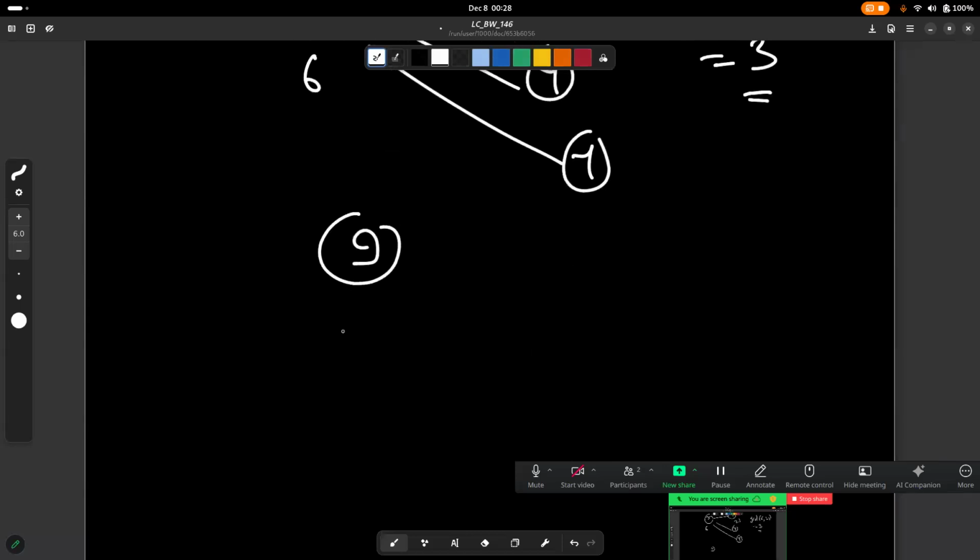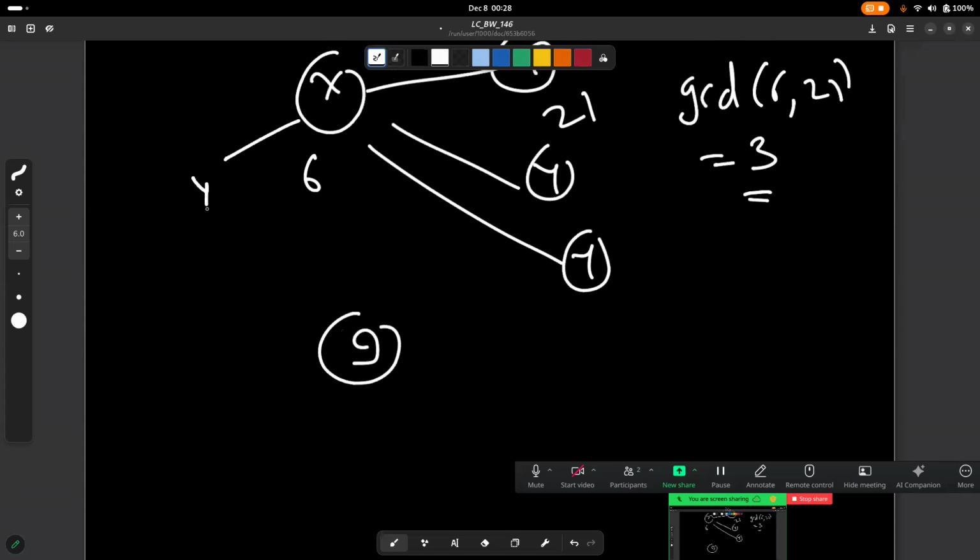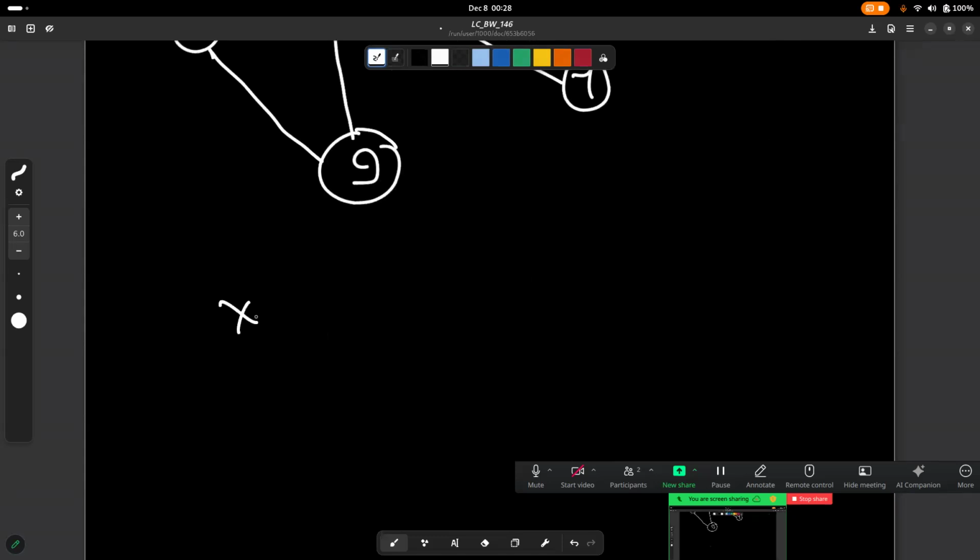And if you can connect x to any y such that the GCD of x and y is 3, then it's guaranteed that you will be able to connect x to 9, and it's also guaranteed that you will be able to connect y to 9. Why? Because x into y divided by 3, your GCD will be your answer. And in the worst case, x into this will be less than or equal to x into s divided by 3.